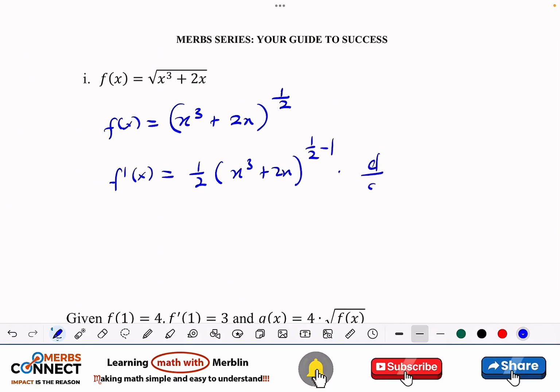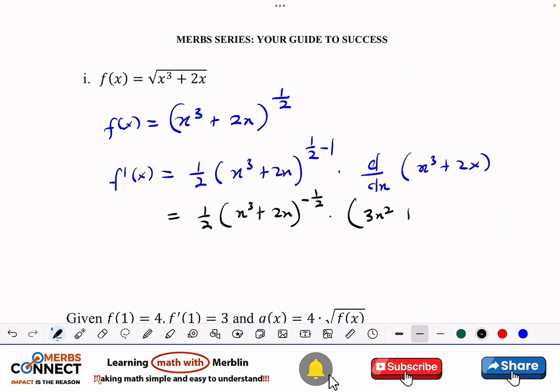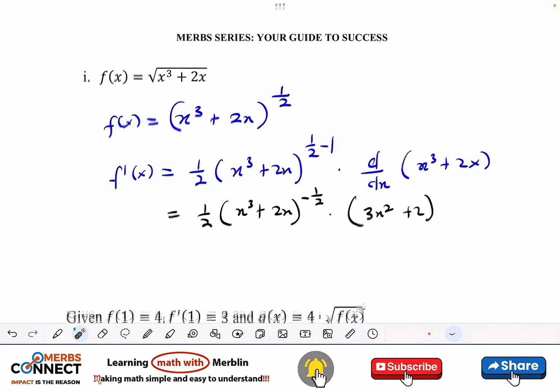Now I differentiate what is inside the parenthesis, x cubed plus 2x. So this is going to give us 1 over 2 (x cubed plus 2x) to the power minus half, times 3x squared plus 2. So that's what I'm going to get for that one.